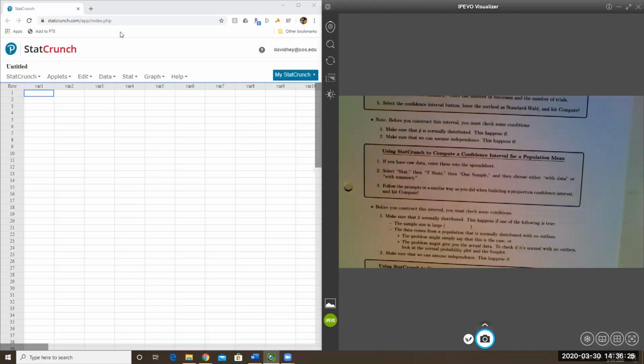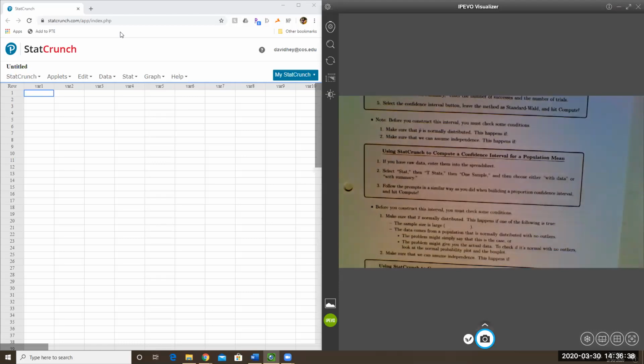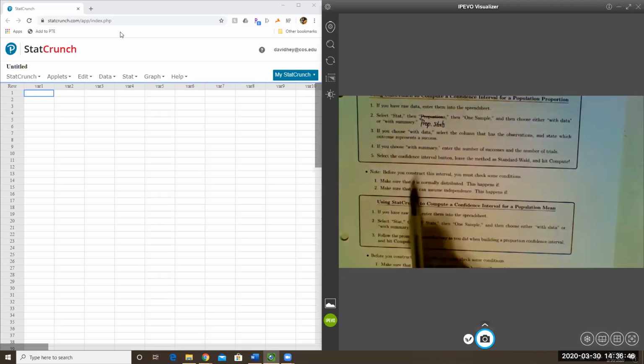In each case, we haven't really focused on this in a ton of detail, okay? But in each case, before you construct these intervals, you have to check some conditions, okay? And the conditions that you check on each of them is a little bit different. If you want to construct an interval for the proportion, okay, you have to check to make sure that p hat is normally distributed, okay?